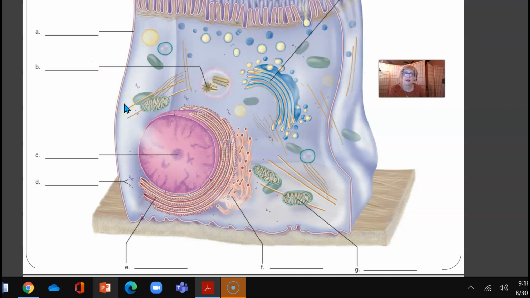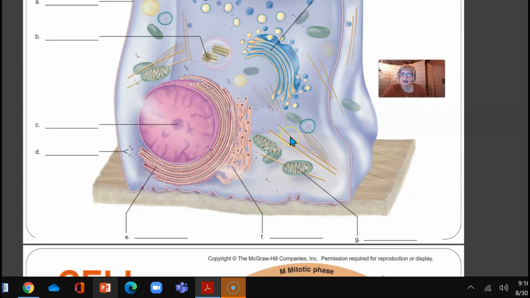You can even Google some and just have practice. But your book has it. This document also has it. You can practice identifying the structures. So B, for example, is centriole, C is nucleolus, etc. I'm not going to go over that because we went in detail already.